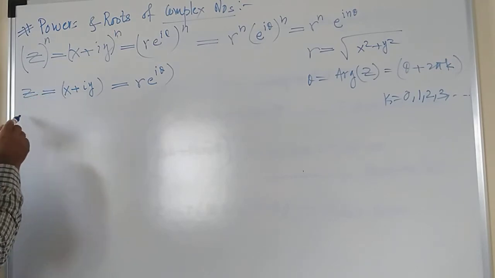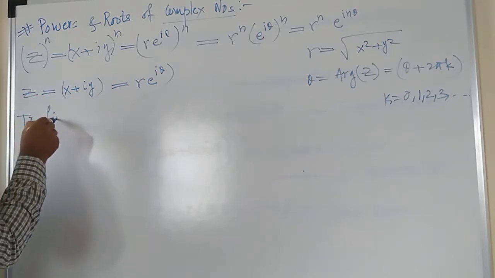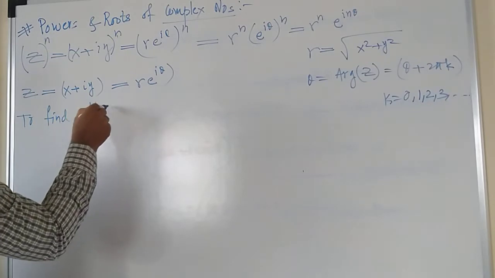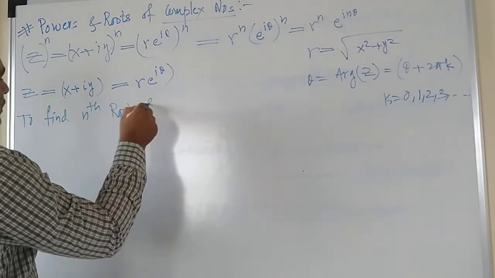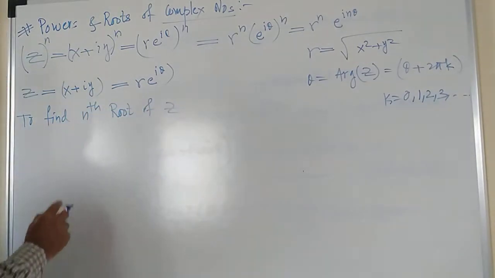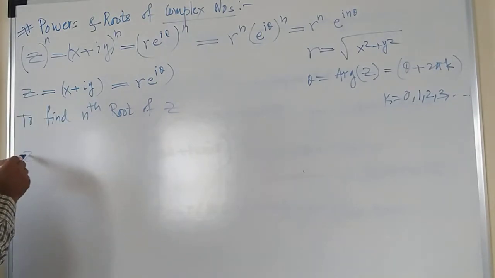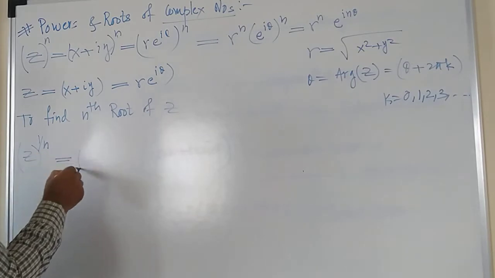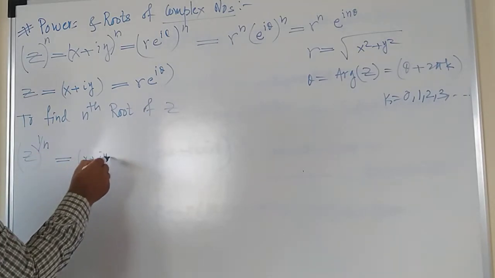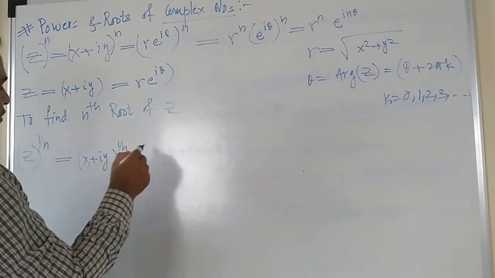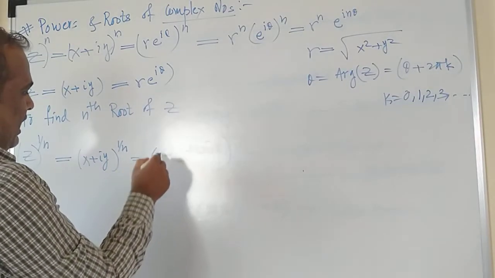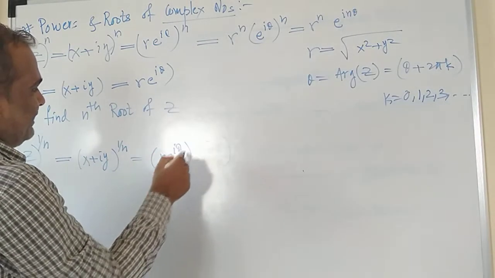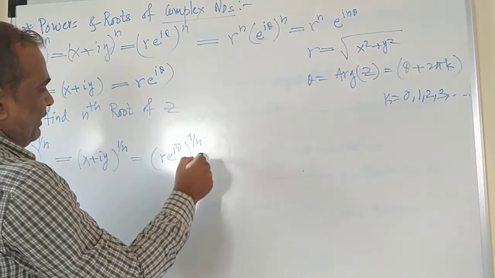So to find the nth root of z, what should I do? You can take out the nth root. So z raised to power 1 by n is its nth root, and it is equal to x plus iy raised to power 1 by n, which is equal to r e power i theta raised to power 1 by n.